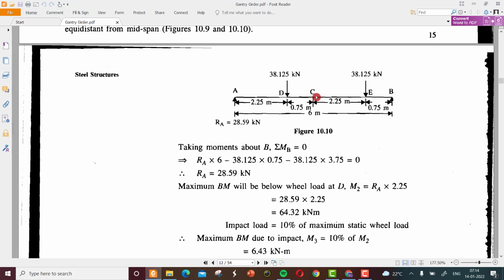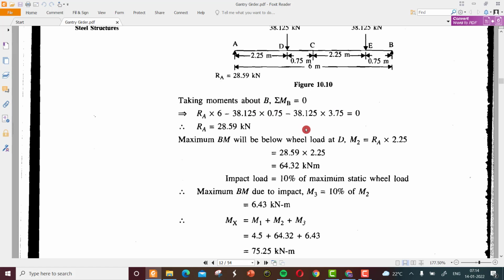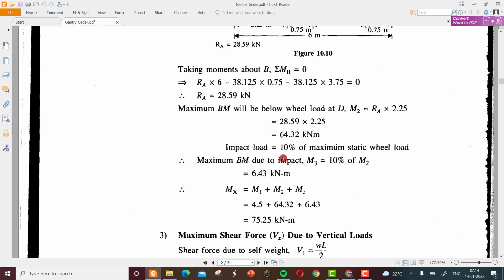This is the midpoint, and by locating like this, we will get the bending moment due to the load as 64.32 kilonewton meter. It was by taking the moment about B, the rightmost point, with all these loads included.